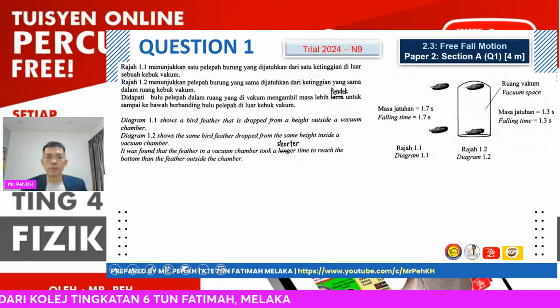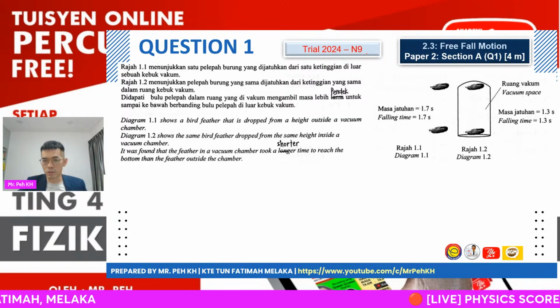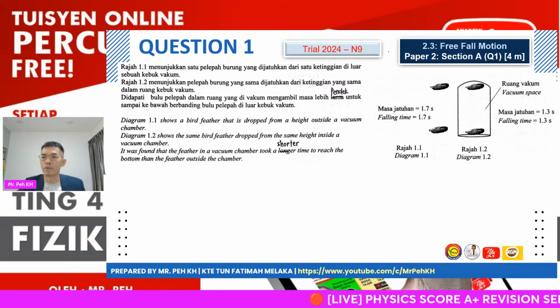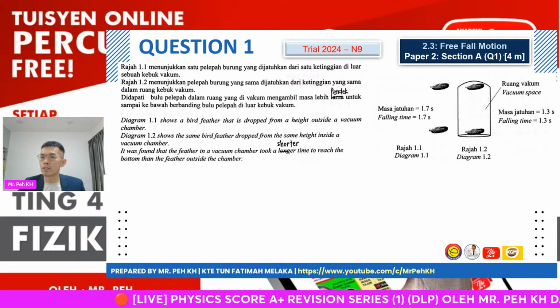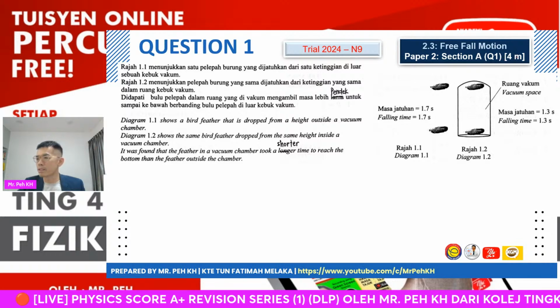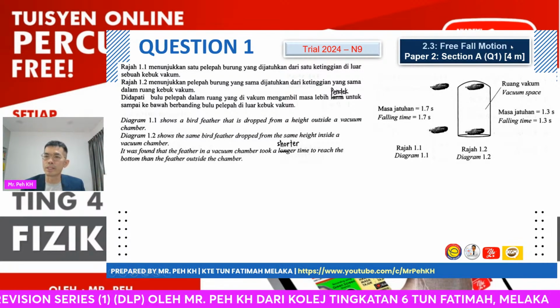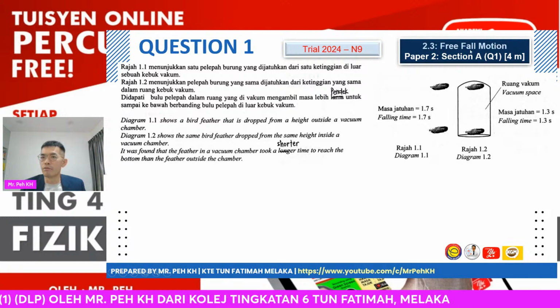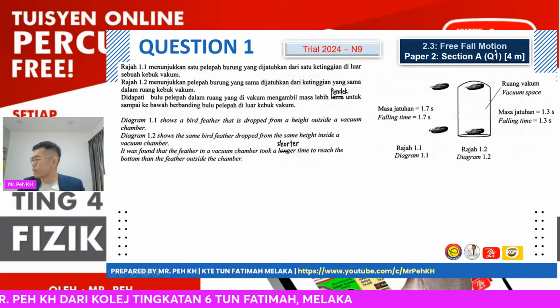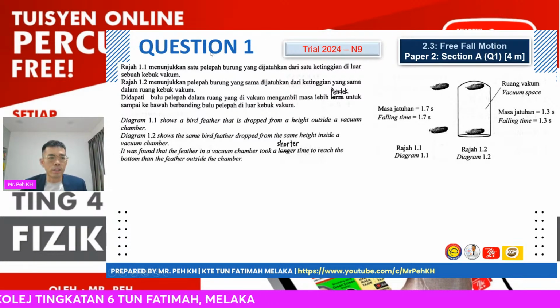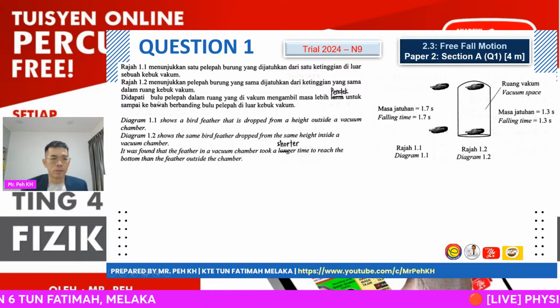Here is question number 1, which is a trial question of 2024 from the state of Negeri Sembilan. As mentioned just now, this is the type of question number 1. The total marks here will be 4 marks, and the subtopic we are going to discuss in this question is free fall motion. Let us go through the question together.